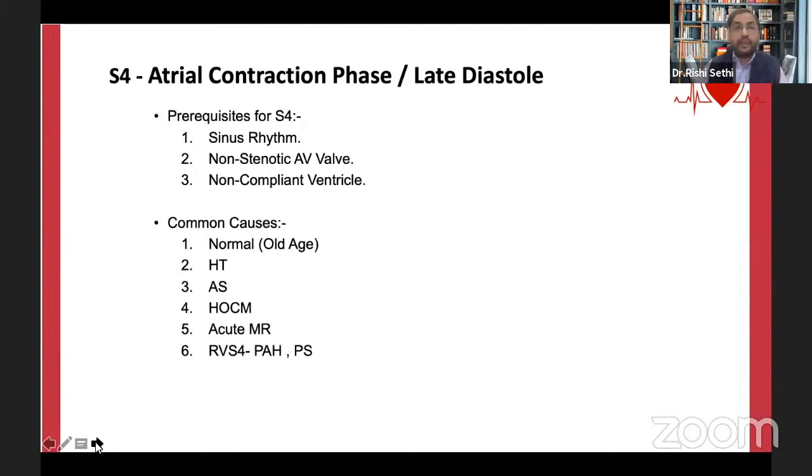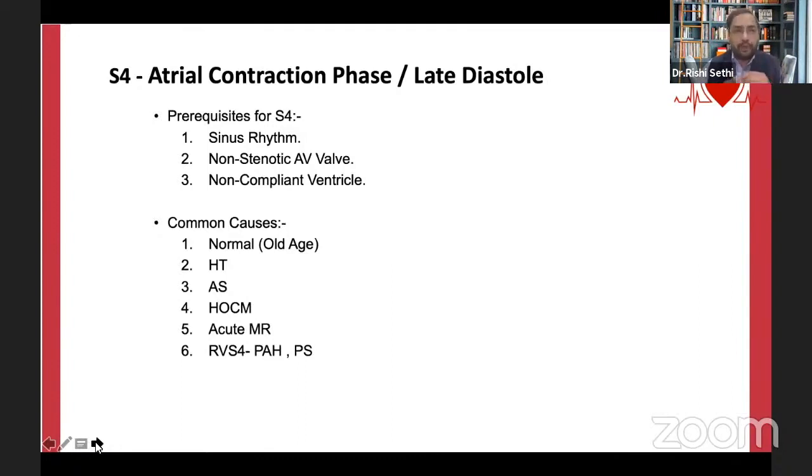If it is stenosed, then you don't get an S4 kind of sound. So if you are hearing S4 or S3 in a case of pure mitral stenosis, then something is wrong, because in mitral stenosis you have a stenosed valve, and at the same point of time there is no increase in the massive blood flow. So if it's an isolated stenosis and you are hearing S3 and S4, something is wrong.